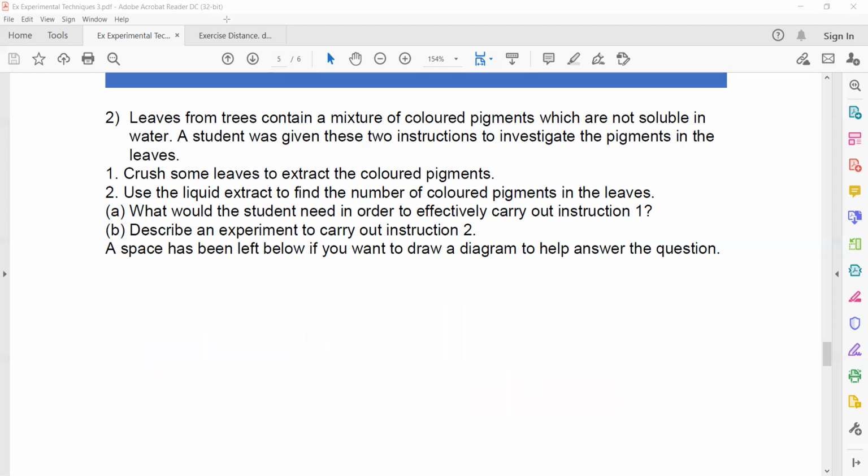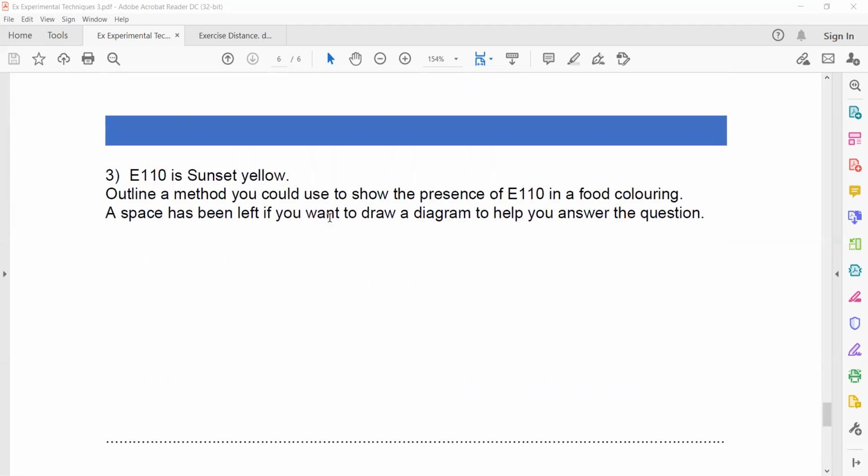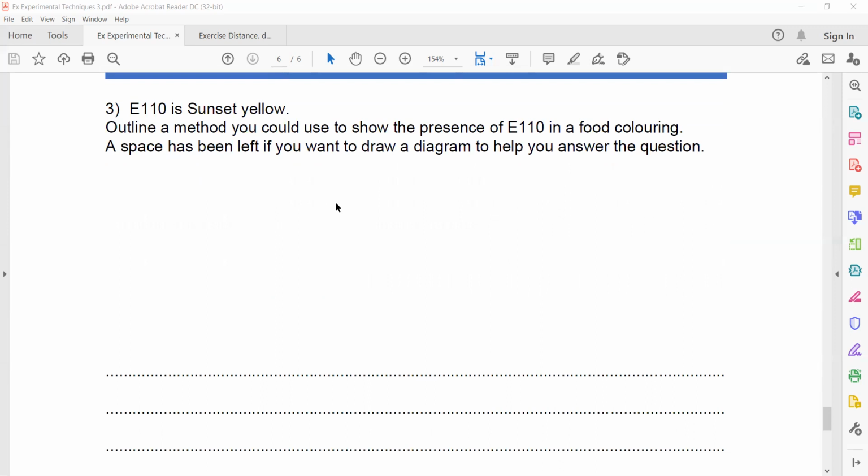And moving on to question 3. So they mention E110 is a sunset yellow. Basically it's a food color, E110. You can find different types of food color, and these are actually the codes for the food colors. You can find different food colors having different numbering.